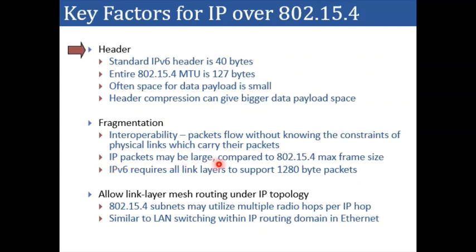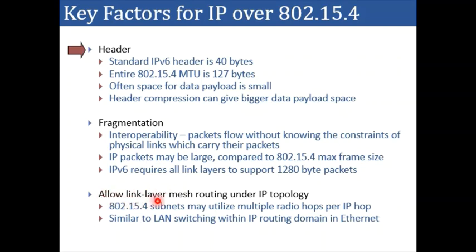Now IP packets may be large when compared with the 802.15.4 maximum size, because IPv6 requires the link layer to support 1280 bytes of packet. 1280 bytes is very large compared with the 802.15.4 MTU, which is only 127 bytes. So we can fragment the data packets so that they fit into the 802.15.4 maximum frame size. We will see how we can do this.